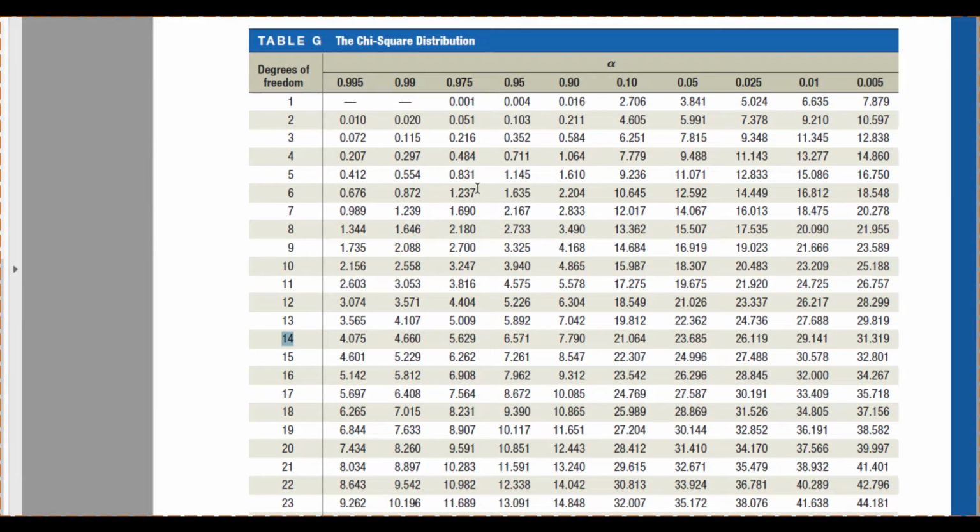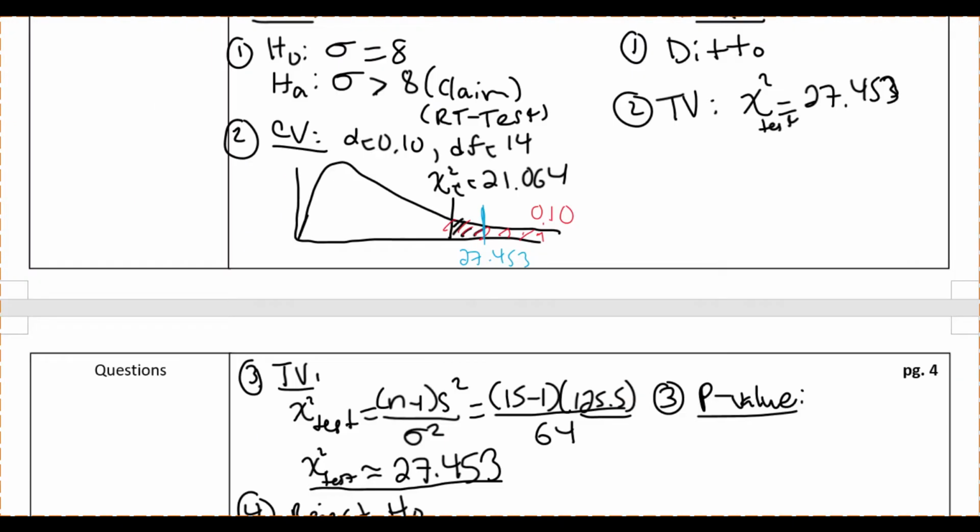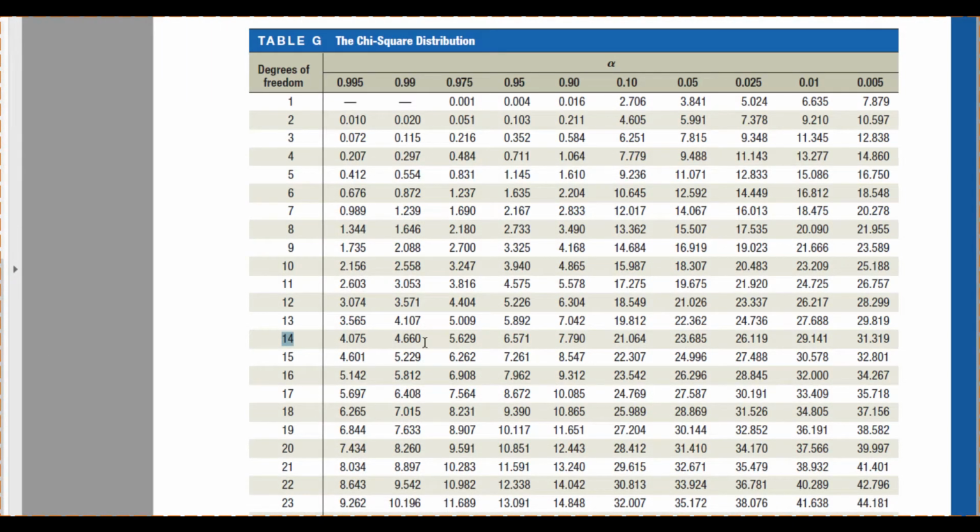Let me zoom in a little bit. So that's between these two numbers. Since we're doing a right tail test, we don't need to do anything with these two numbers. So that means our p-value is between 0.01 and 0.025.